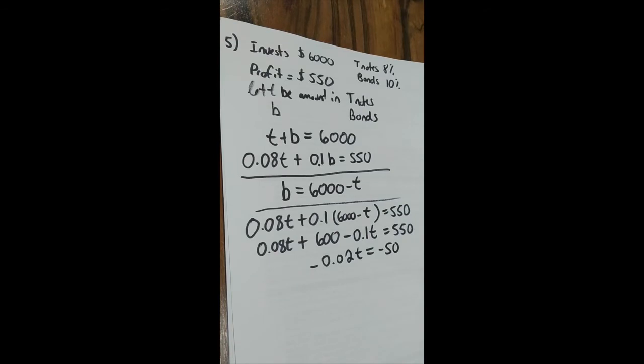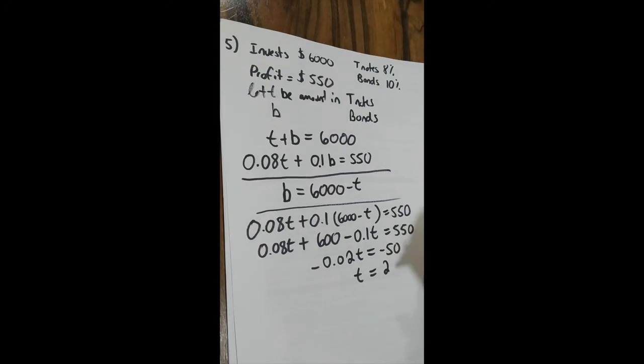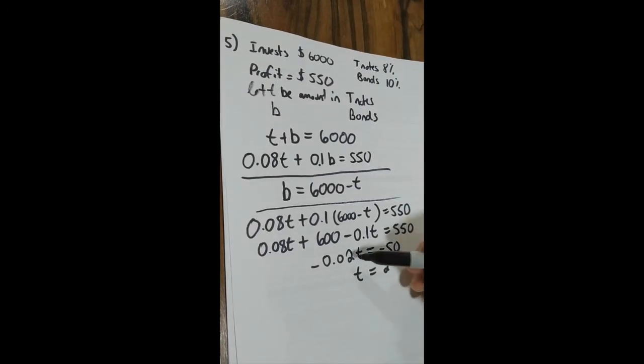Then I divide, and you could use your calculators here, T by negative 0.02. If we divide both sides by negative 0.02, we get 2,500. Pretty easy at that point. To find B, we can go back to the most basic equation.